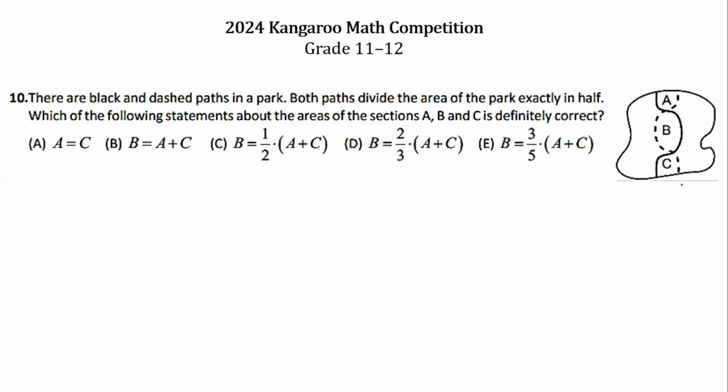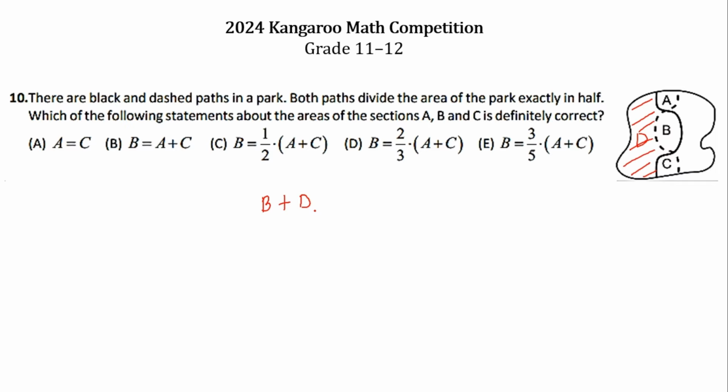Alright. Now, let us represent this area by D. Okay. Now, focus on the area to the left of the black curve, the solid curve. The area to the left of the solid curve is B plus D. Okay.